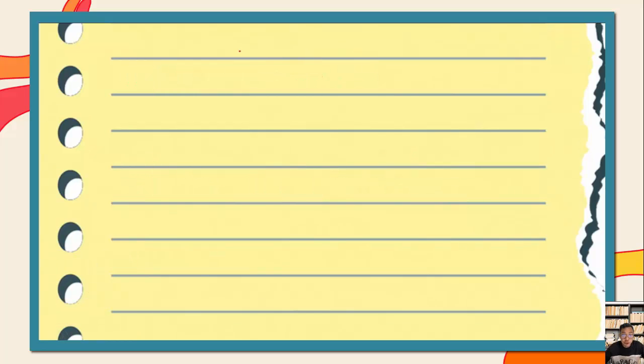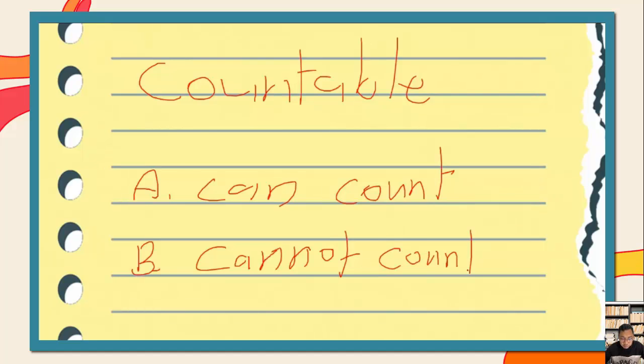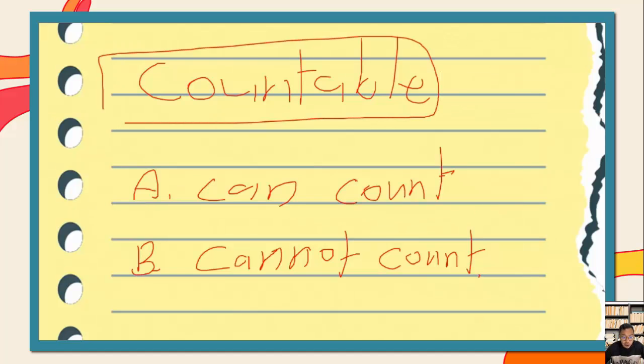Okay, before I move to singular or plural noun, let's make a conclusion. Countable noun is a noun that, A, you can count, or B, you cannot count.